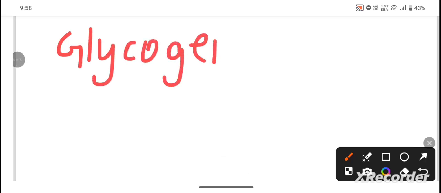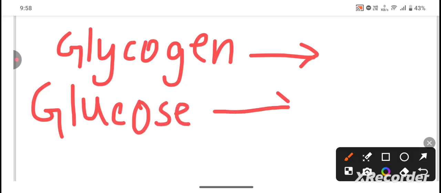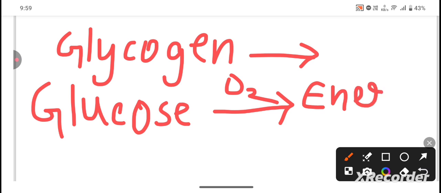So whenever energy is required by our body, the glycogen will be converted into glucose, and the glucose will be oxidized to generate energy, and this energy is required by our body for the life processes. So this glucose oxidation takes place in order to generate energy for the life processes.